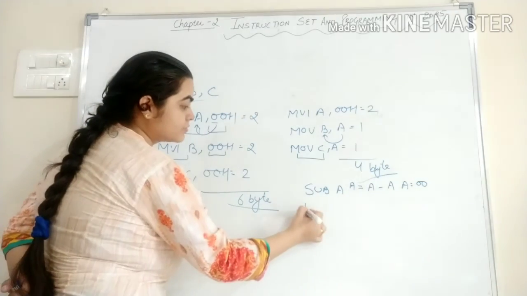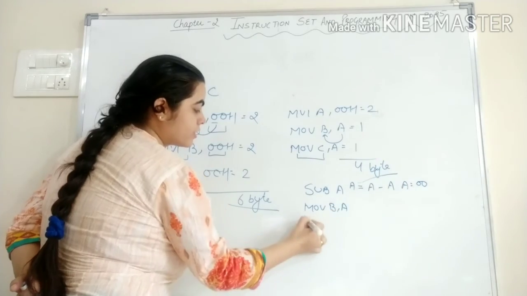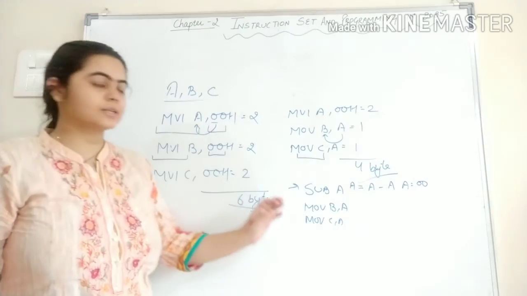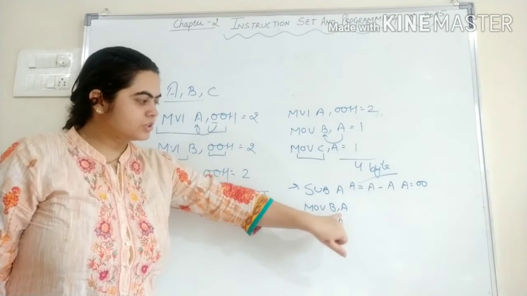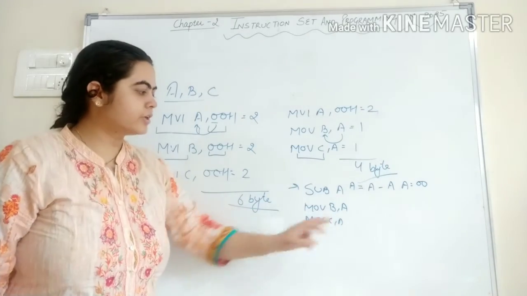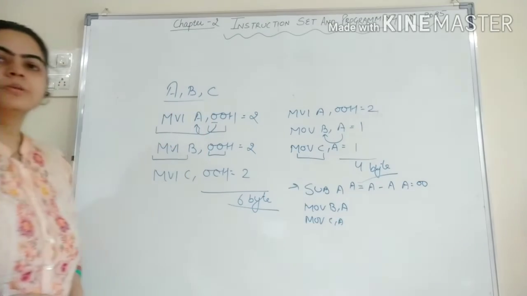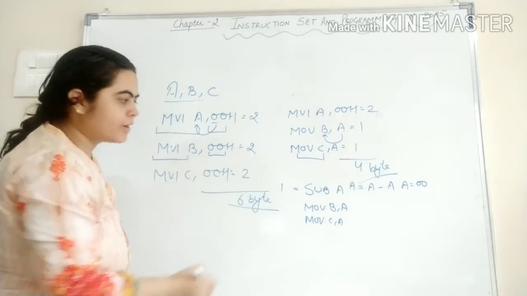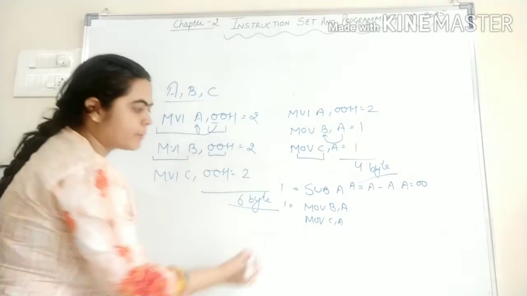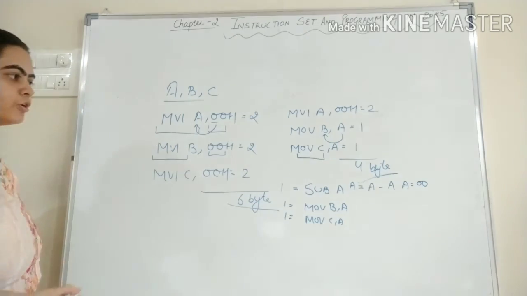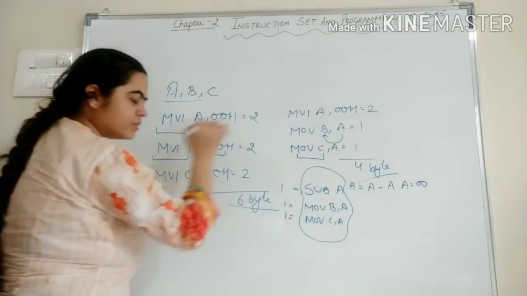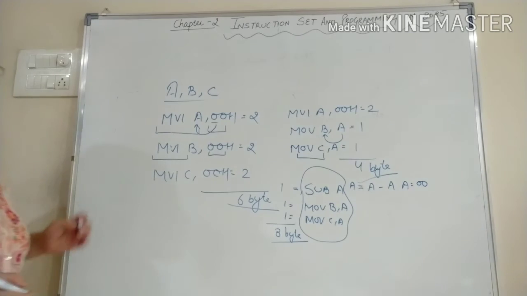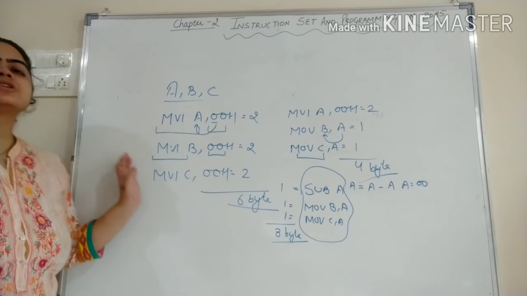Now after this we can write MOV B, A, then MOV C, A, because using the first instruction the contents of the accumulator get cleared, and that 00 value will be moved into B, and in the next instruction again 00 will move into C. Each of these instructions occupies 1 byte of memory, so writing the program this way occupies 3 bytes. So there are different ways to write the program.